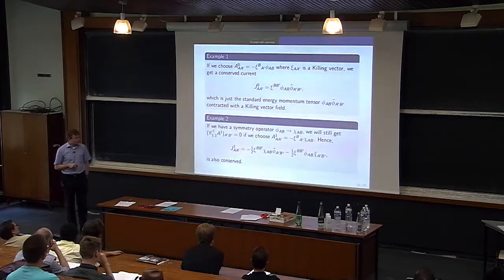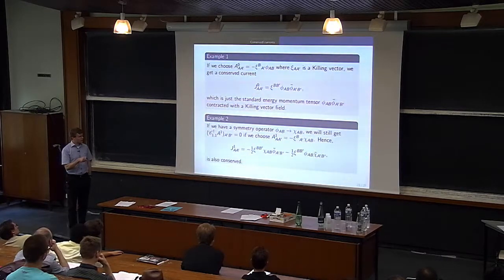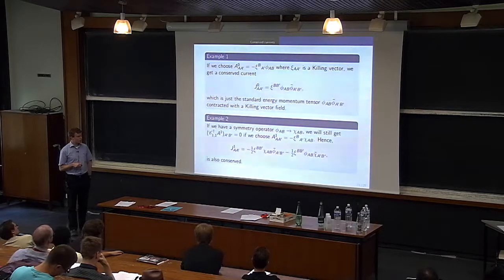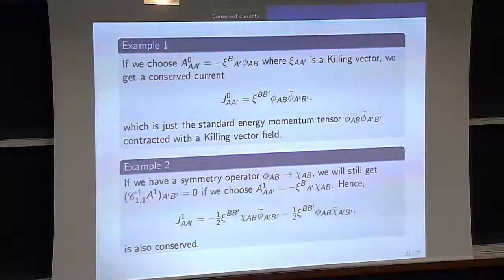Now, if we take this form, but plug in a symmetry operator here instead, with chi a second order symmetry operator we can take, then we still get that this A satisfies the curl-dagger equation, so we get the conserved current. It will look like that first term.